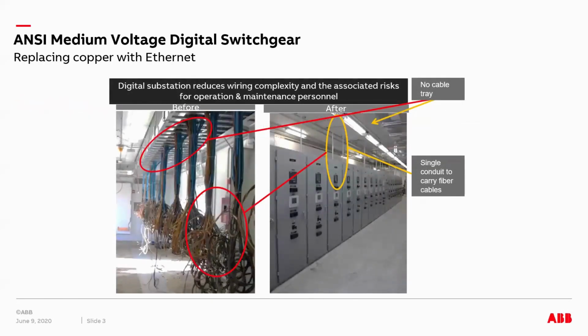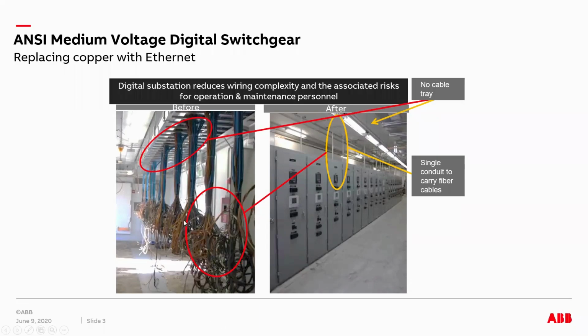Some of you may be familiar with digital switchgear. What is digital switchgear, really? If you look at a traditional switchgear or substation environment, you would see a lot of copper wires. On the screen, you see a picture of a traditional substation environment with a lot of wiring going around.